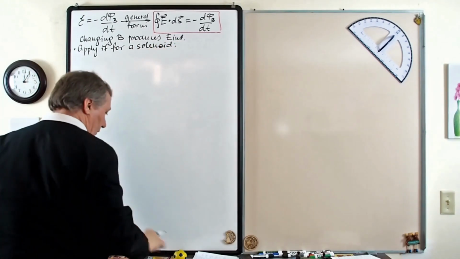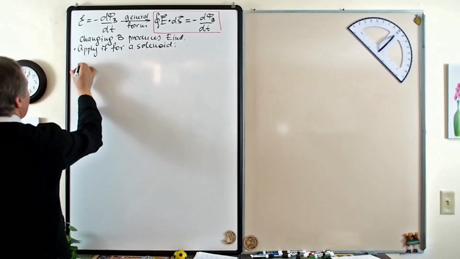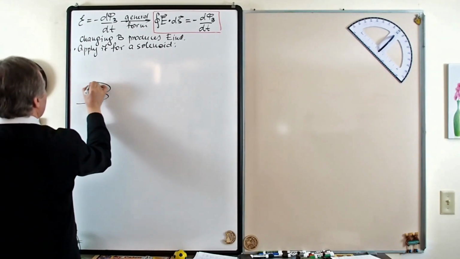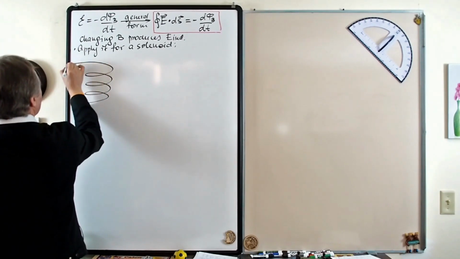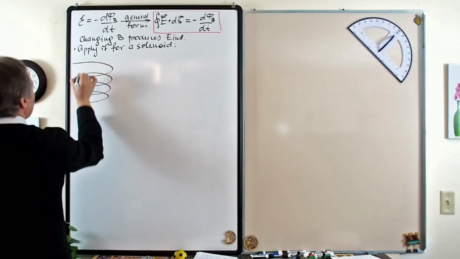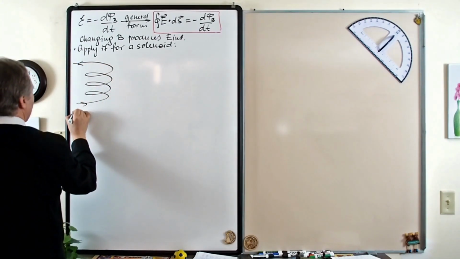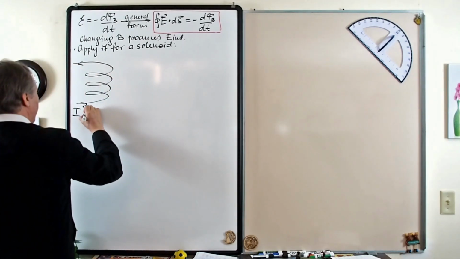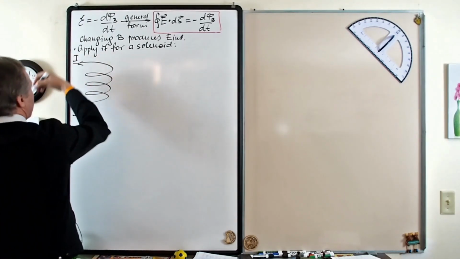So what is a solenoid? Let me sketch it. Let's say we have a solenoid, current in, current out, and let's say current, for example, decreases. So here current is getting out.